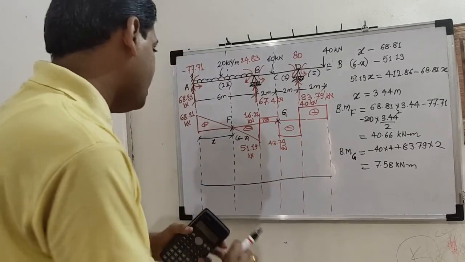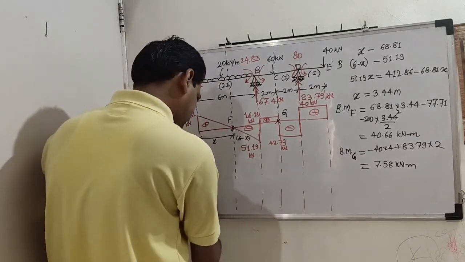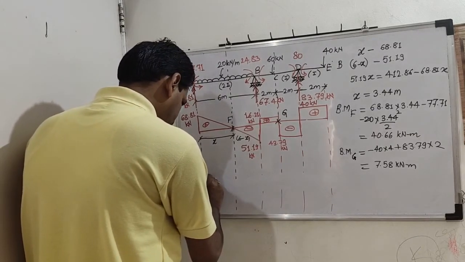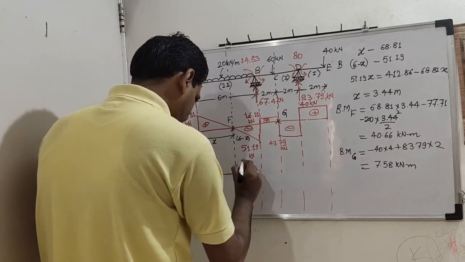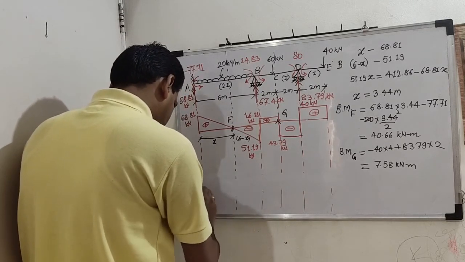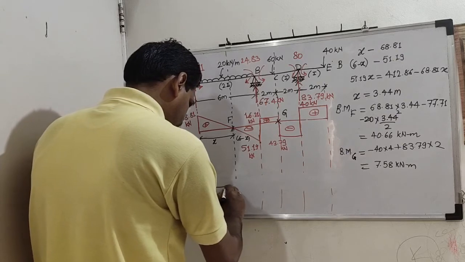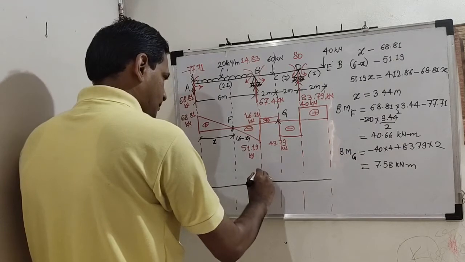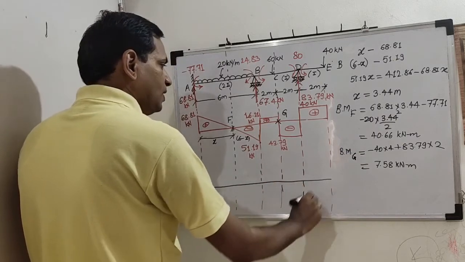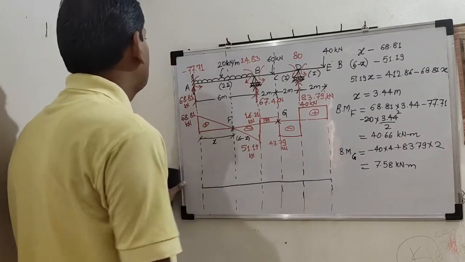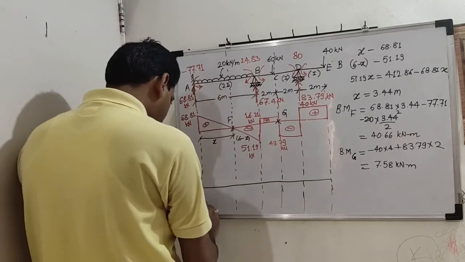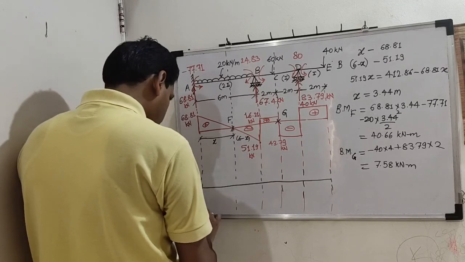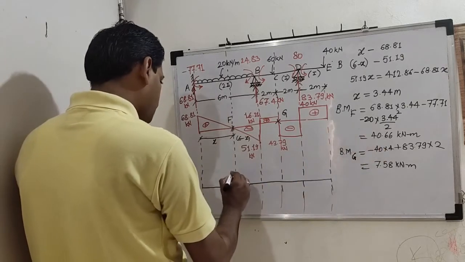I will redraw this line. So now show the ordinates one by one. Bending moment at A minus 77.71. Bending moment at F plus 40.66.